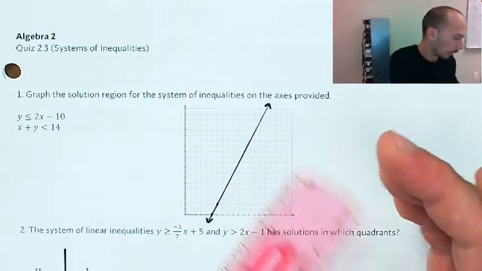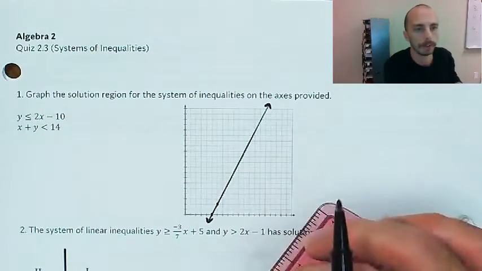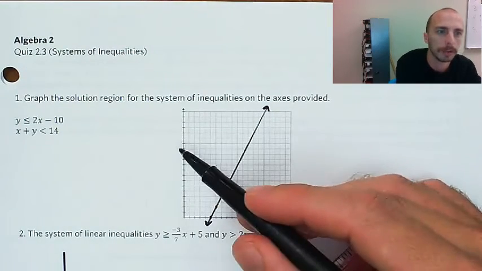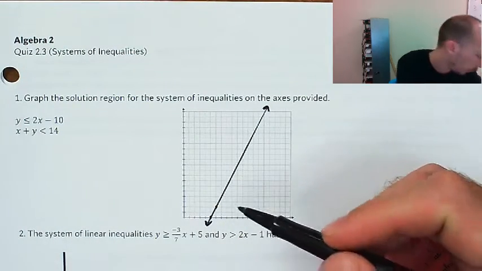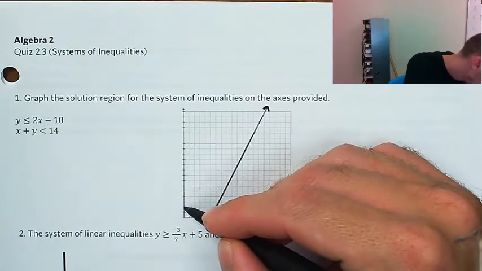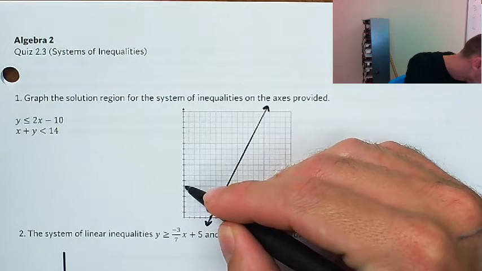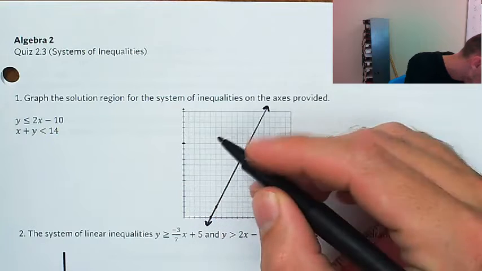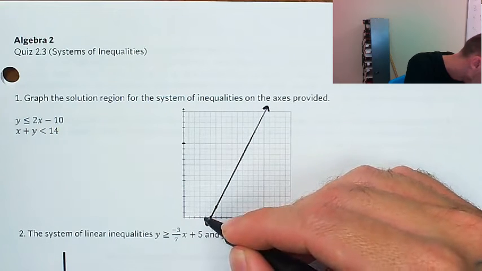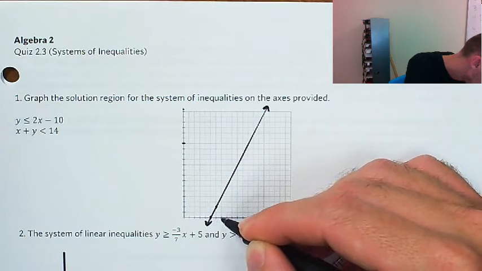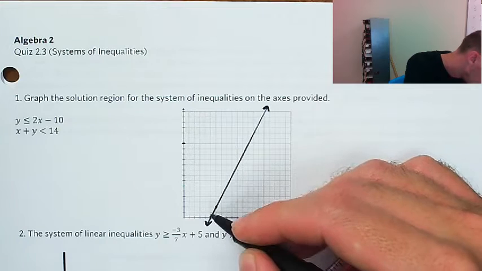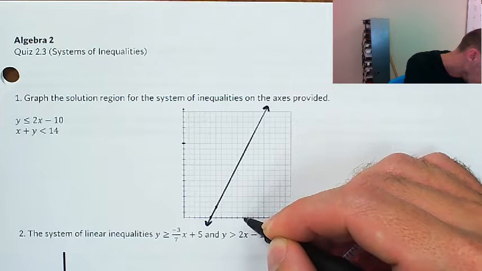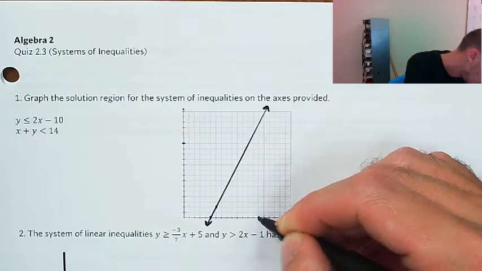Okay, and then x plus y is less than 14. Well, that's going to be y equals 14 minus x, which starts up here at 14 and goes down to 14. We've graphed a number of these. 2, 4, 6, 8, 10, 12, 14. 5, 6, 7, 8, 9, 10, 11, 12, 13, 14.